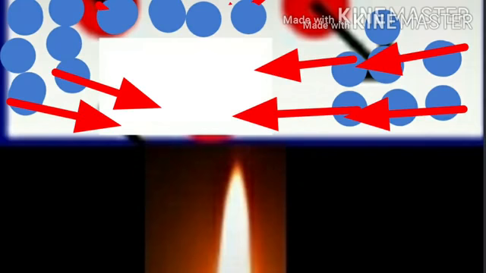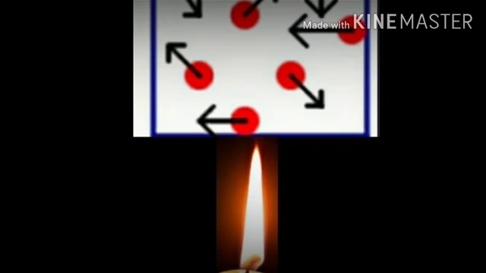So all the cool molecules from the nearby sides come and capture this place, moving to this side. So we can say that convection current takes place by the actual movement of the molecules from the hotter area to the colder area.